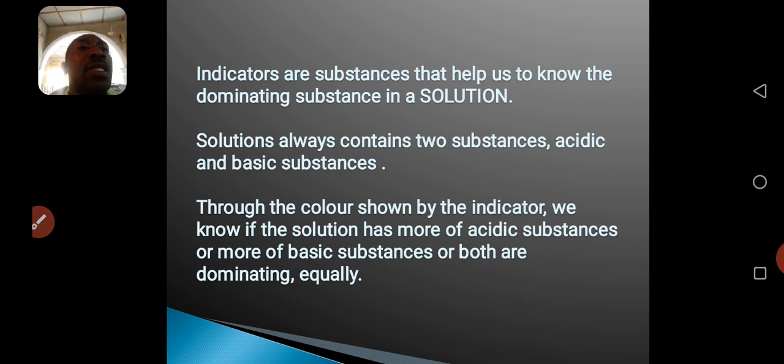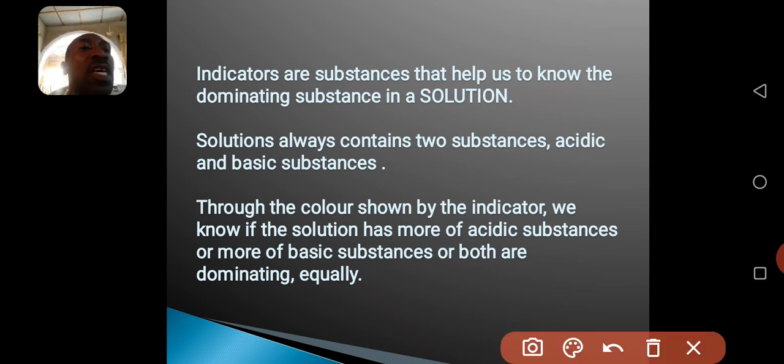Now, just like we have said, indicators are substances that will help us to know the dominating substance in a solution. Solutions always contain two substances. We have acidic and basic substances.